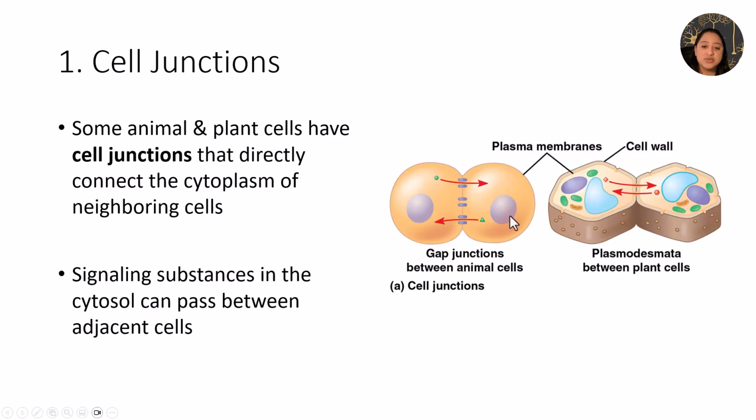These two cells in this figure on the left are animal cells, and on the right they're plant cells, but there are physical connections between the two cells. It's like a little portal or tunnel between this cell and this cell, so their cytoplasms are directly connected. If one cell has a molecule, it can send it right over.